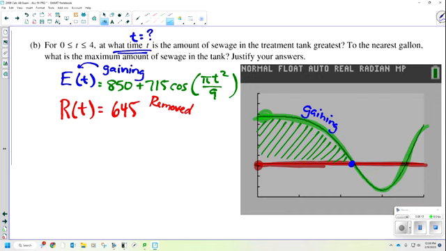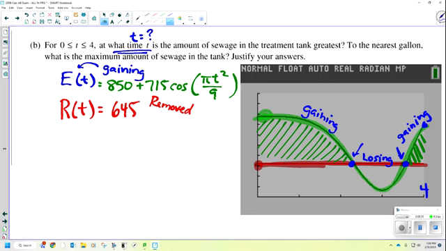Now, between this point and this intersection point, you'll notice I'm losing more than I'm gaining. But then let's look after that. At my end point, where time is 4, I'm gaining again. My green line is bigger, so I'm once again gaining sewage. I can tell because the green line is higher up than the red line.